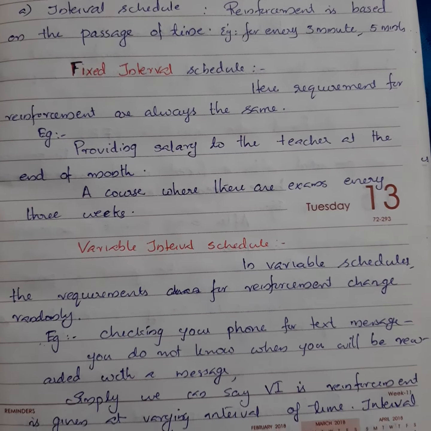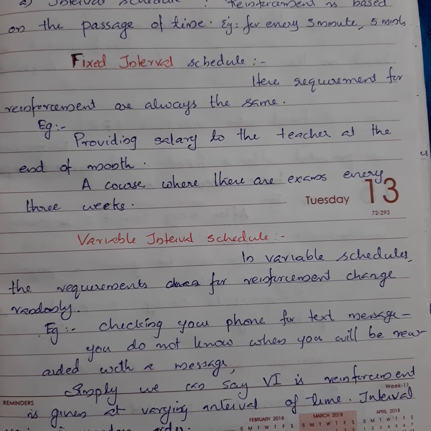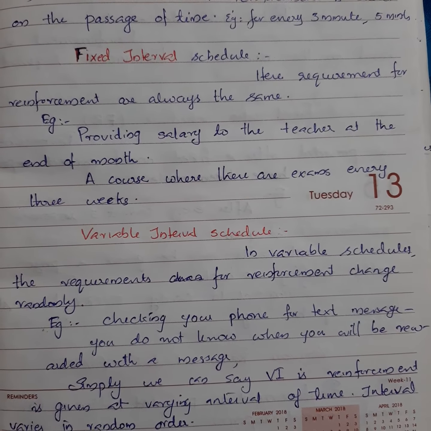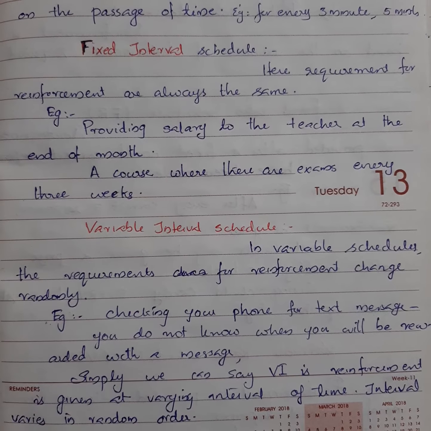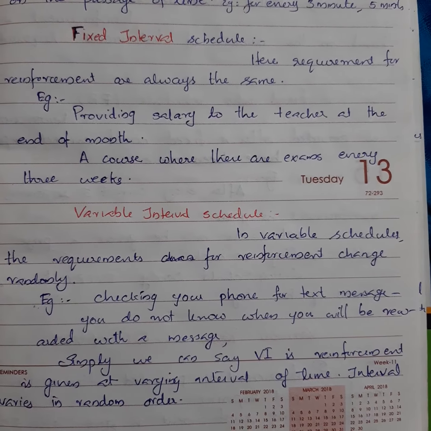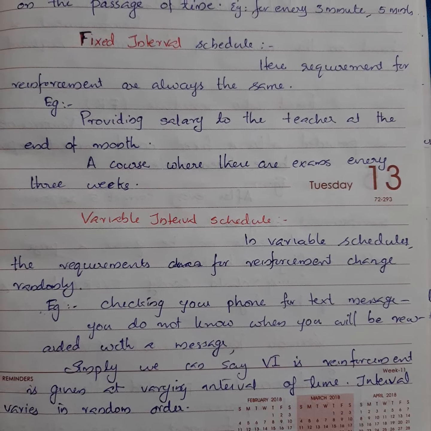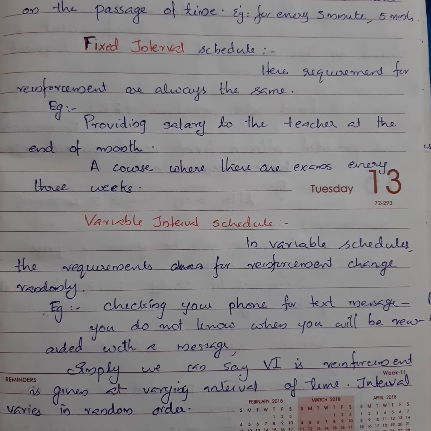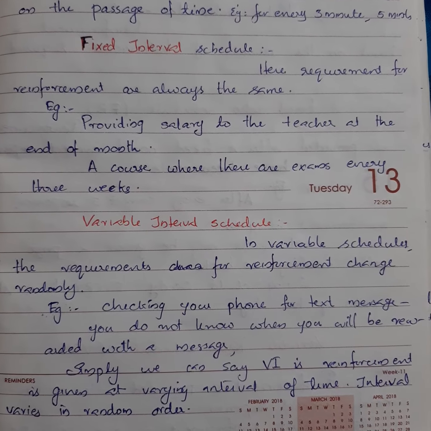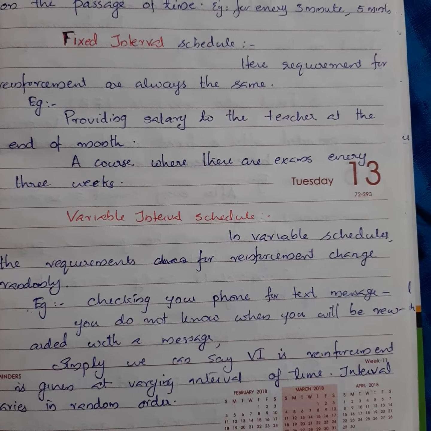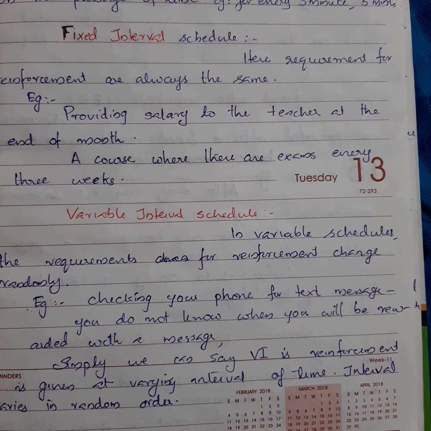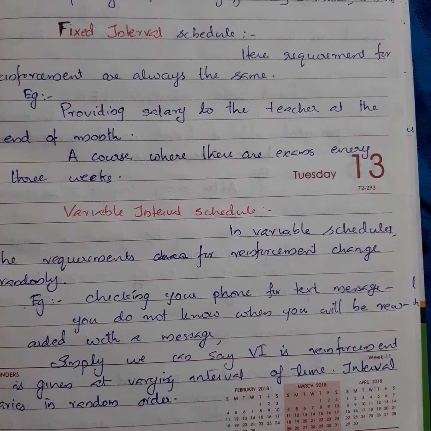Whereas in the case of variable interval schedule, the requirement for reinforcement changes randomly. Here, the time when the reinforcement is provided cannot be predicted. The time may vary. An example is checking your phone for a text message, where we do not know when we will be rewarded with a message.